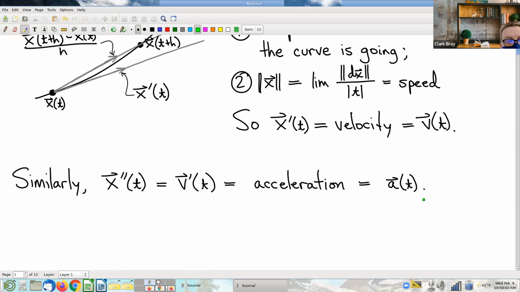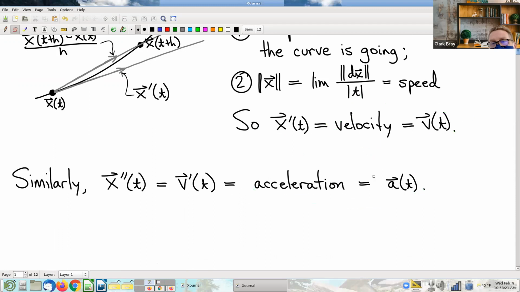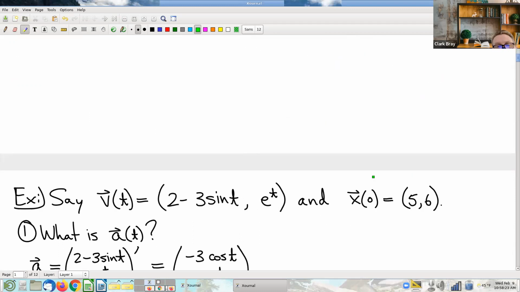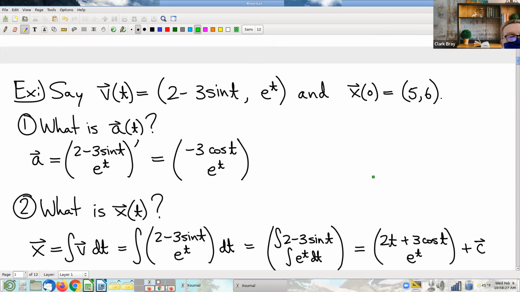All right, and then likewise, in the same sense that the derivative of position is velocity, the derivative of velocity is acceleration. And typically we represent velocity with v of t and acceleration with a of t, all vector valued. So that leads to questions like this, where, suppose you're given velocity as a function of time and you have an initial position. By the way, sound familiar, right?